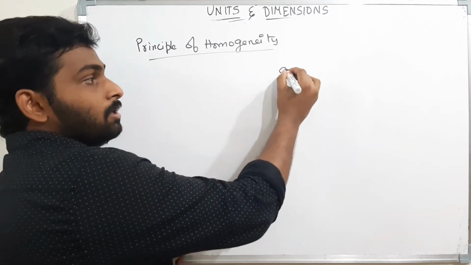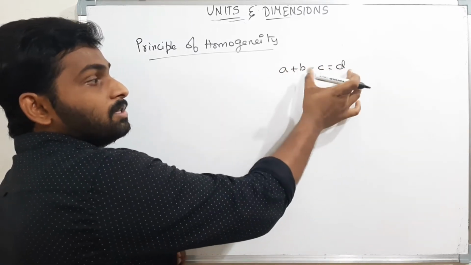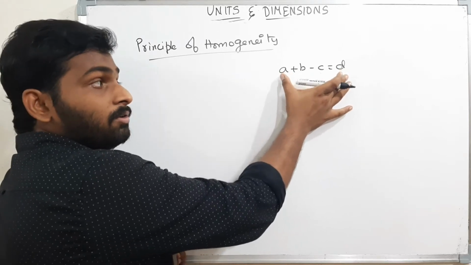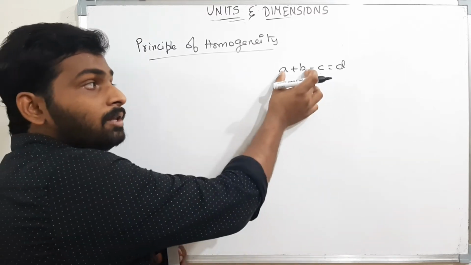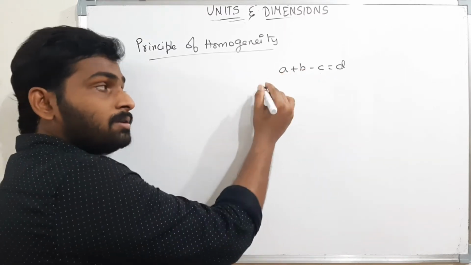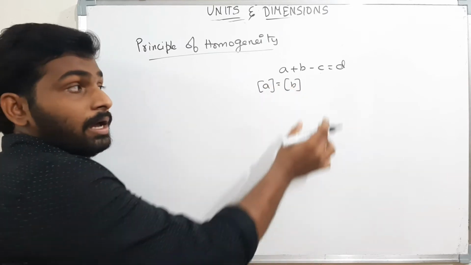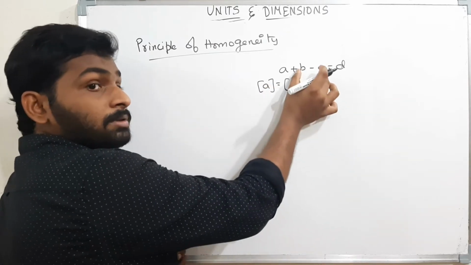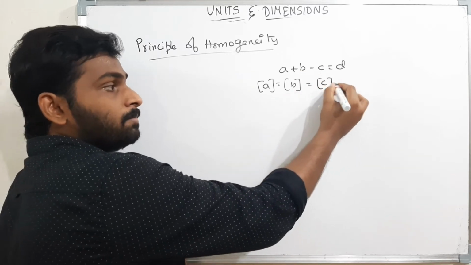Now see here, a plus b minus c is equal to d, which is an equation, where a, b, c, d are the terms. I can add them only if the dimension formula is the same, so the dimension formula for a must be equal to the dimension formula for b. I can subtract them only if the dimension formula is the same, so the dimension formula for b must be equal to that for c.